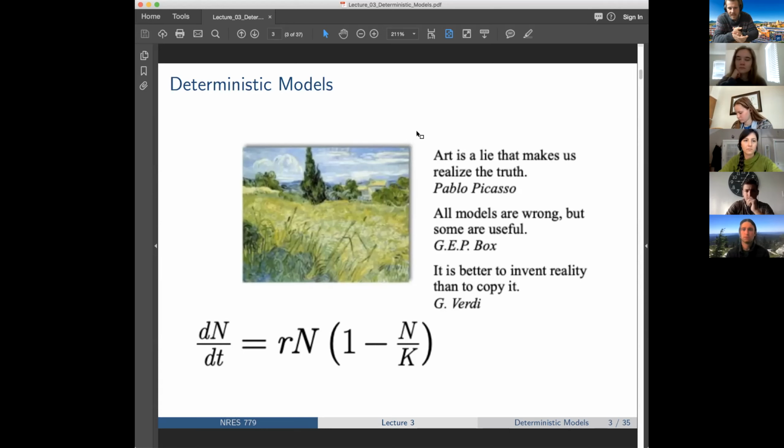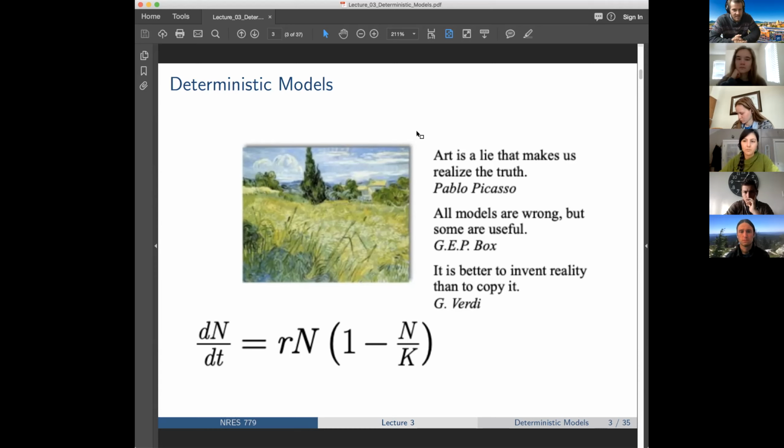Ecological systems are complex, and it would be impossible to capture all those complexities using a model. So we use these as representations of reality that'll help us learn something about the system that we're interested in.